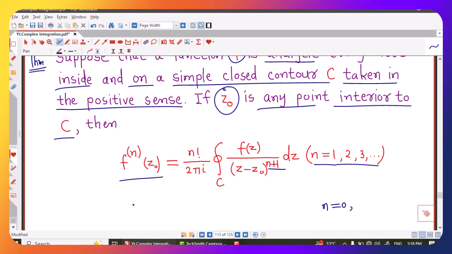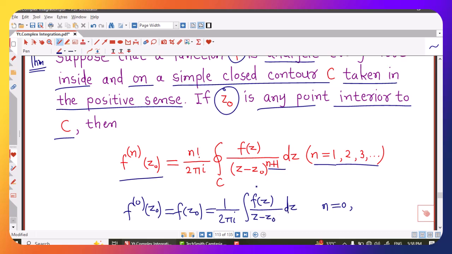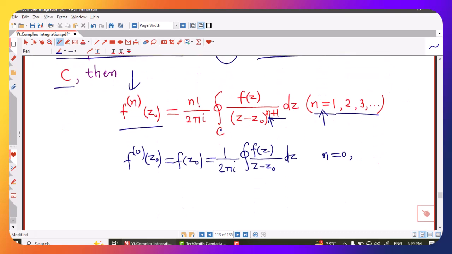In the case of n equal to 0, we have the 0th derivative of f at z0, that is f of z0, and n equal to 0 gives 0 factorial, that is 1, and in that case we get our Cauchy integral formula with z minus z0 to the power 1. And if n starts with 1, or if z minus z0 has power greater than 1, then we will have the nth derivative of f at point z0.